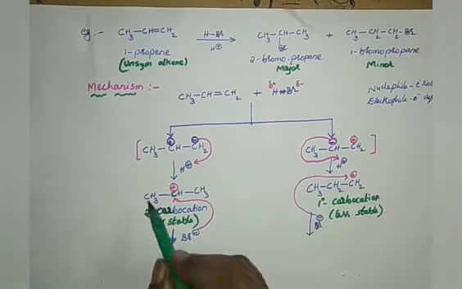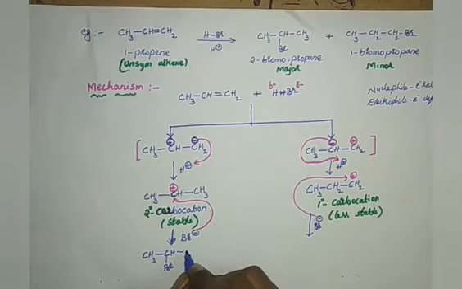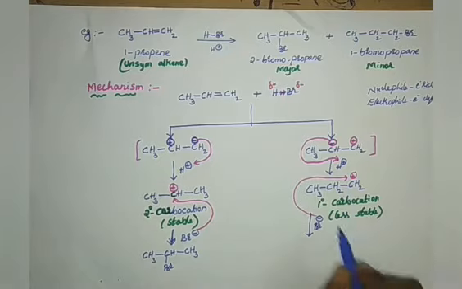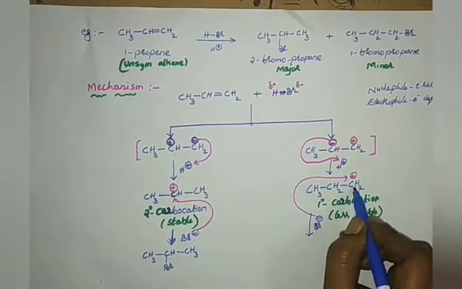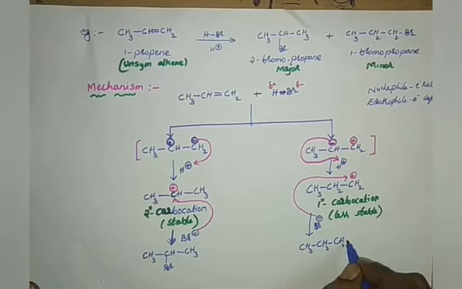Therefore, you see, I will get here CH3, CH, and Br is attacking onto this carbon, therefore Br and my CH3 as it is. Similarly, here if you consider, this bromine is attached to the first carbon, right? So let me write directly a propane-like structure, CH3, CH2, CH2, and here is my Br.